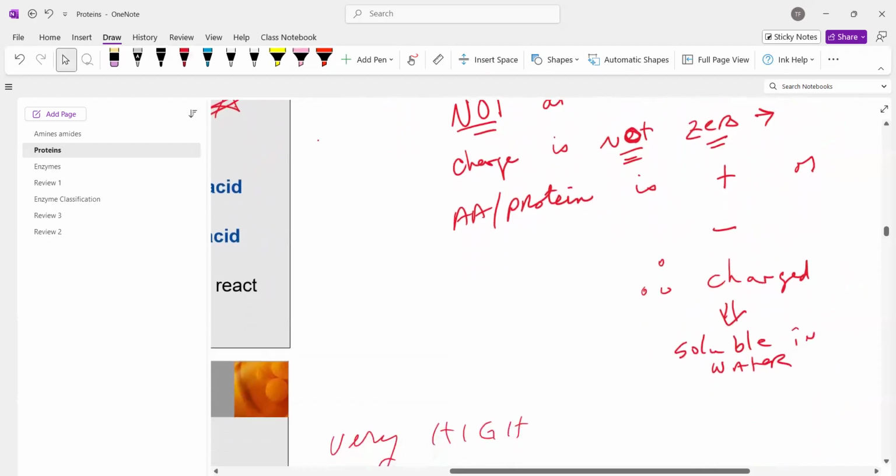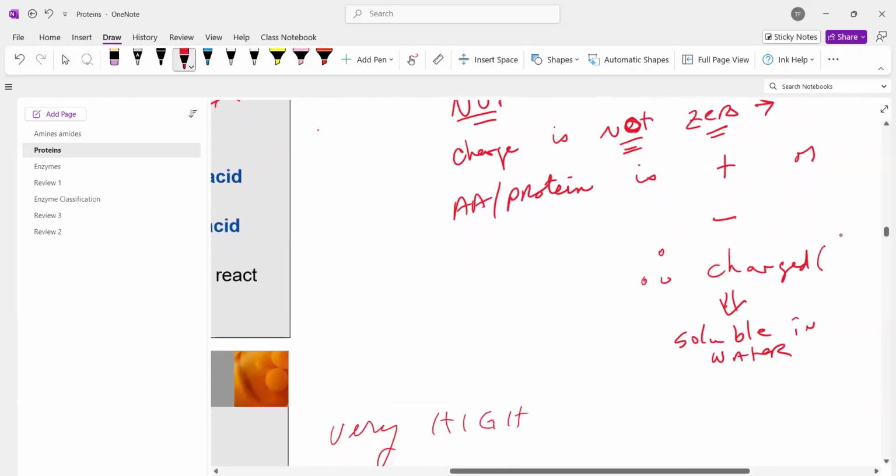That means it's charged or ionic. And that means it's soluble in water. Now, this is a big deal because this is how a lot of things, food-wise, and analytical techniques in biochemical labs are devised. For example, every protein and amino acid has a unique isoelectric point.